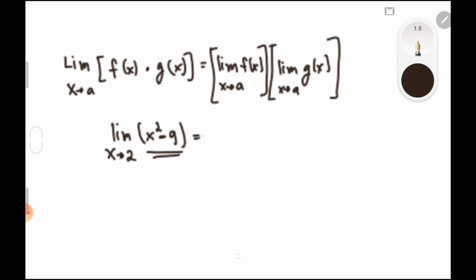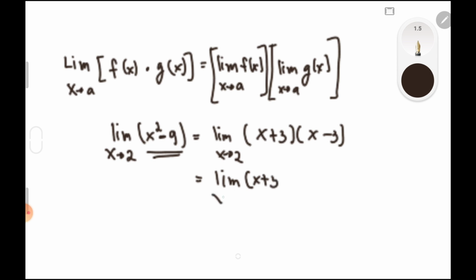So we can rewrite it into the limit of x plus 3 multiplied by x minus 3 as x approaches 2. So therefore it can be rewritten into the limit of x plus 3 as x approaches 2, multiplied by the limit of x minus 3 as x approaches 2.